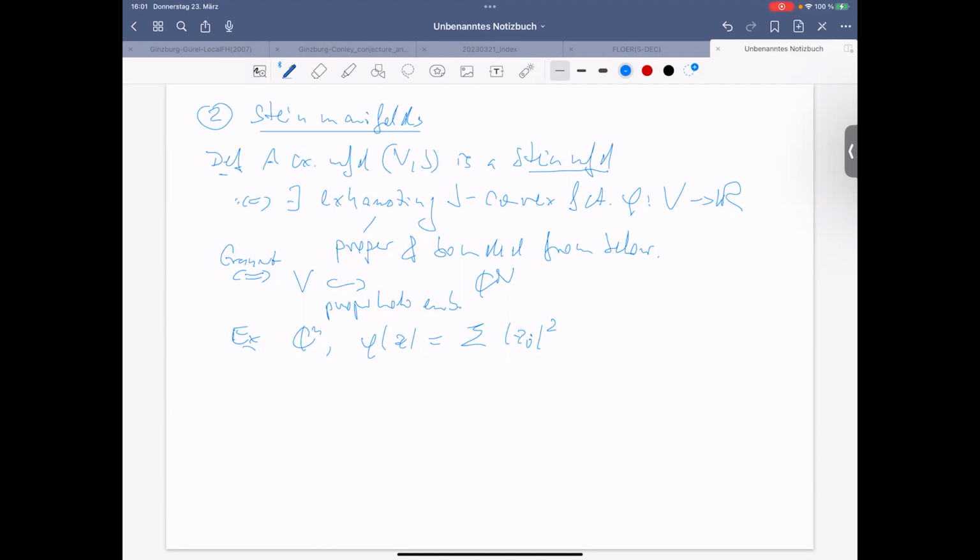Now, I had this lemma that the indices of critical points of a plurisubharmonic function can only be up to half dimension.